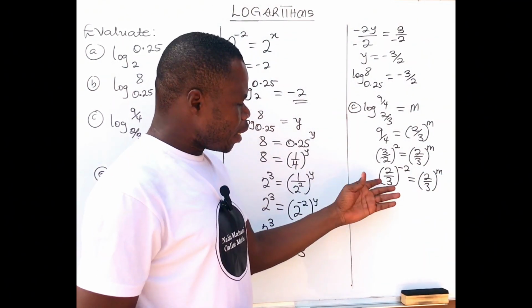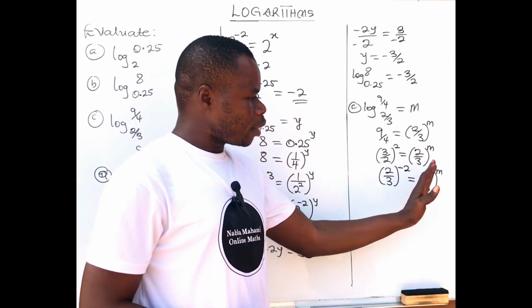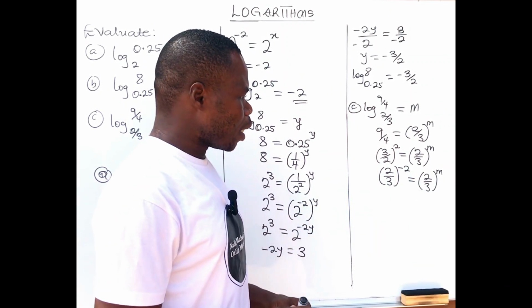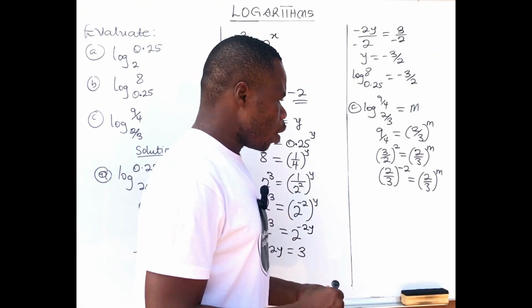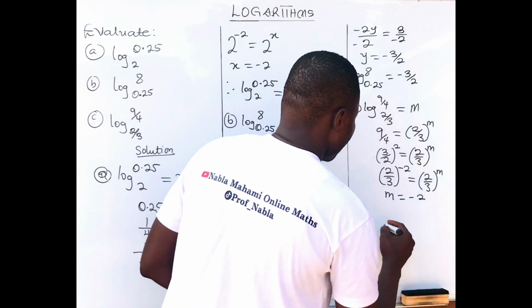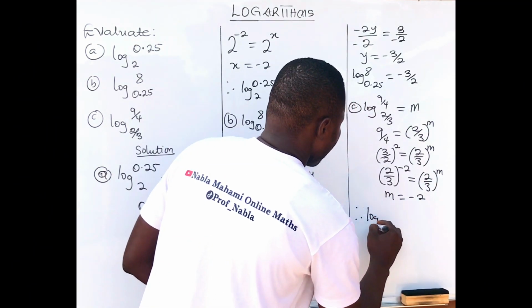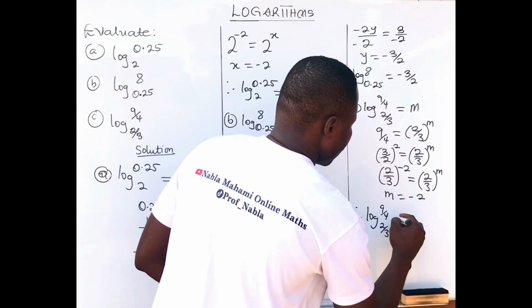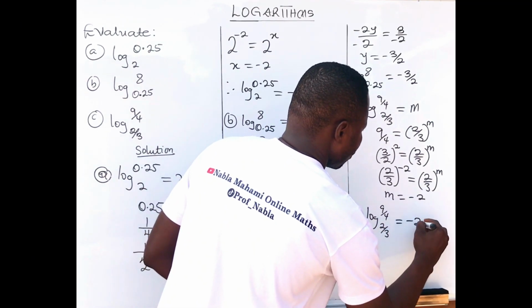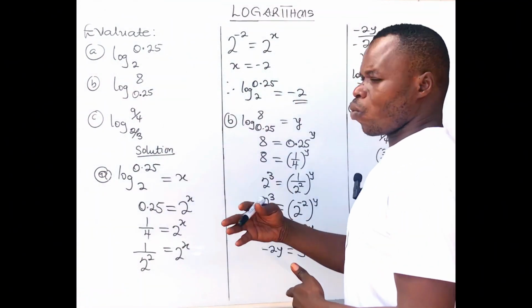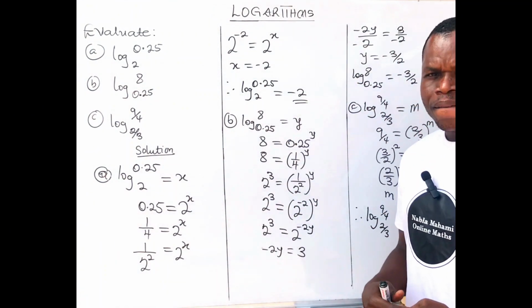You can now see that this side, 2 over 3 is the base, and this side, 2 over 3 is the base. So if the bases are the same, it means that the exponents are also the same, and m will be equal to minus 2. Therefore, log 9 over 4 base 2 over 3 is equal to minus 2. And this is how we solve questions of this nature.